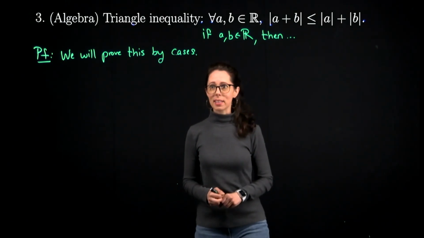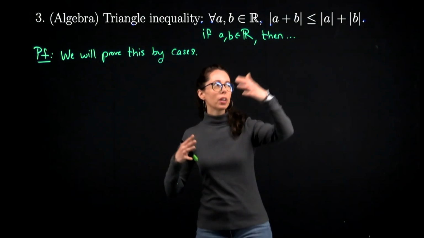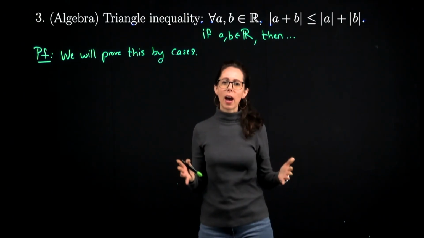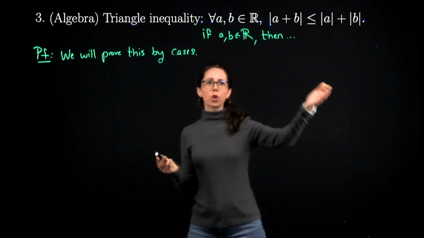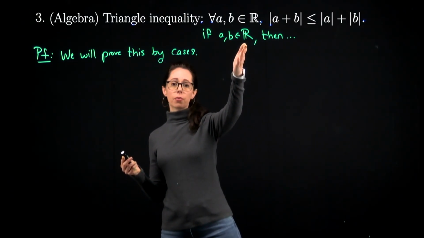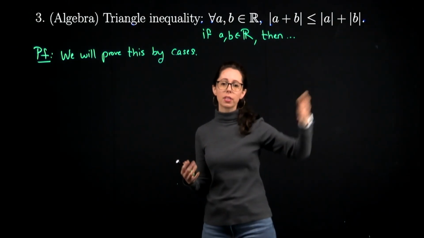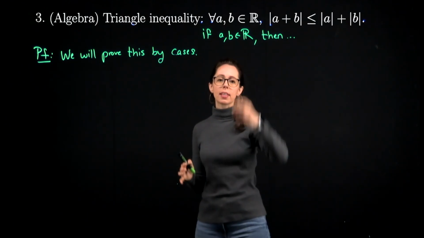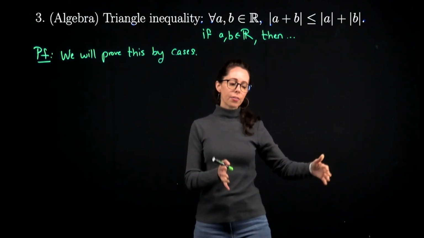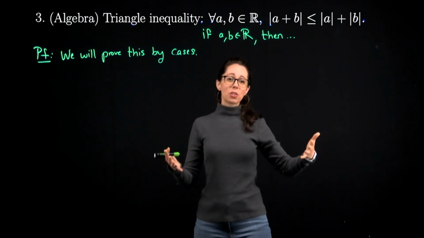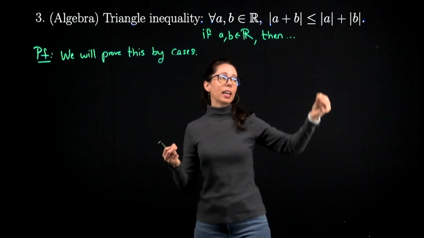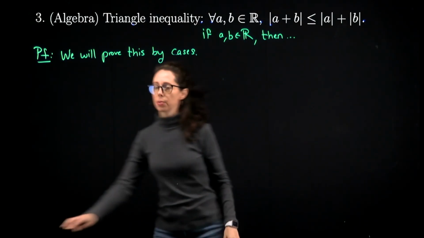A proof by cases is where you are trying to prove a global statement, and what you do is basically divide and conquer. Trying to address all pairs of real numbers at the same time is tricky because of the way the absolute value behaves. So instead, I'm going to take my hypothesis and break it into different cases so that I can really specifically identify what happens when we compute absolute values.